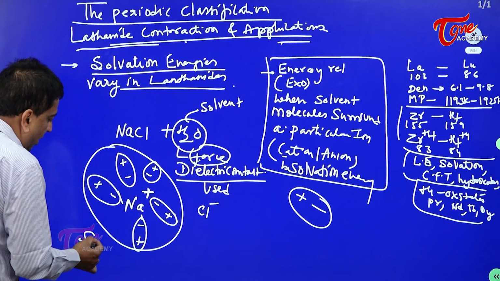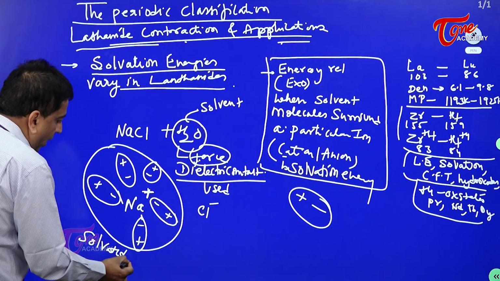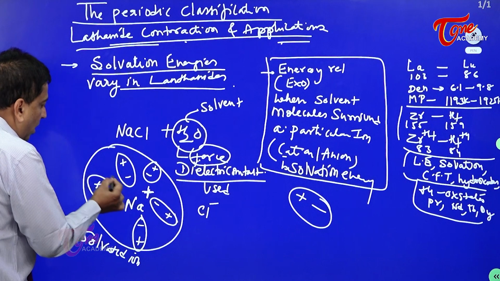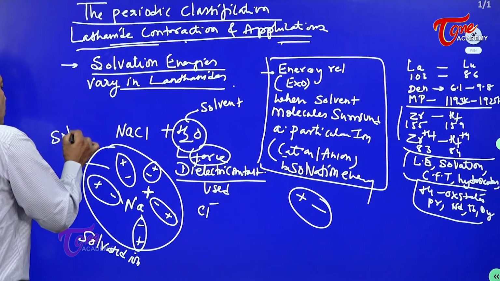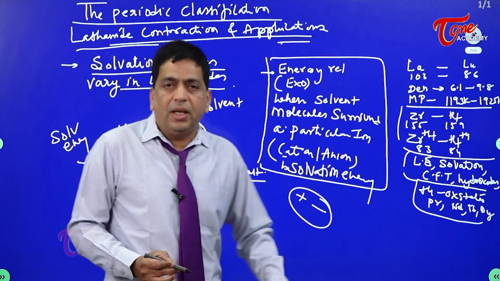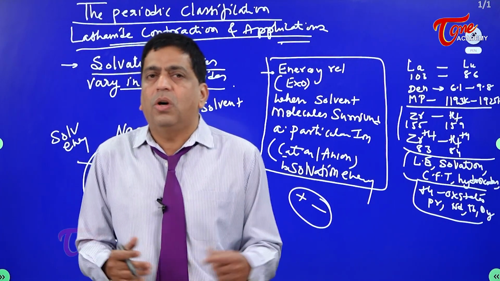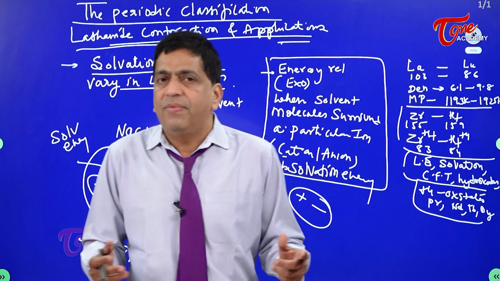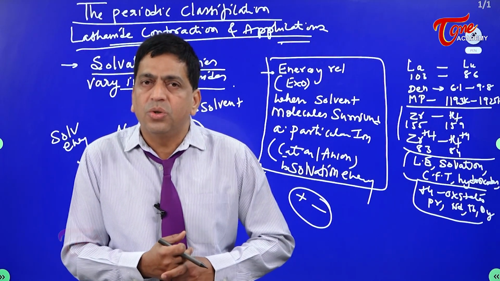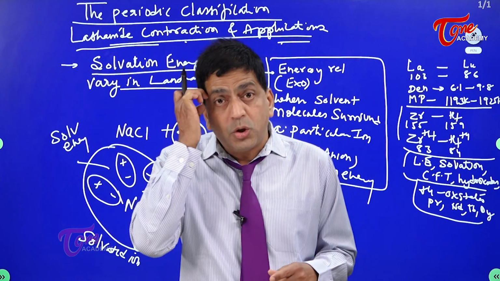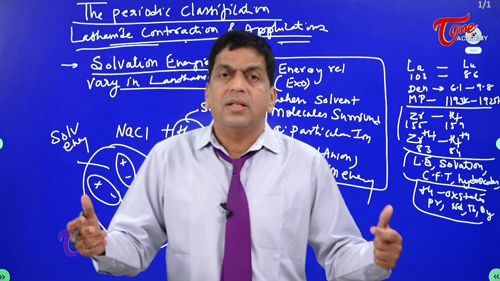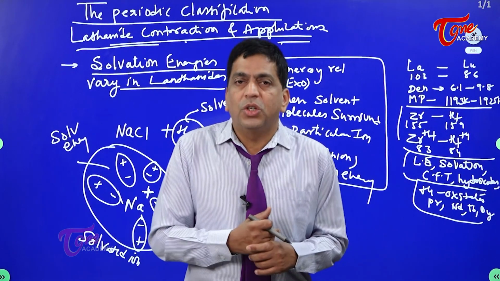Then we call this a solvated ion. And since they are interacting with the positive charge, the energy released is called solvation energy. Same will be with the Cl minus ion, where the water molecules will surround it, and thereby the sodium loses its positive charge. Cl minus also loses its negative charge because water will be showing the positive charge to it. And now the sodium ion and chloride ion are said to be solvated.